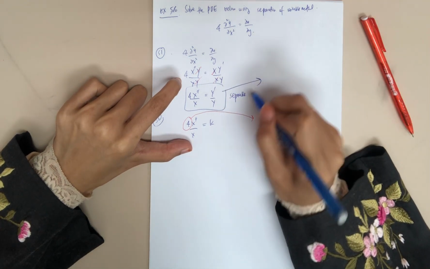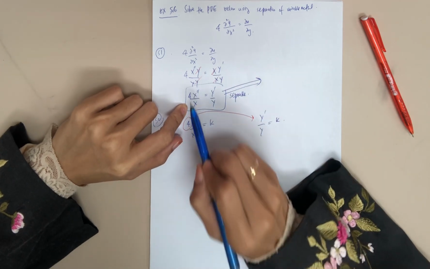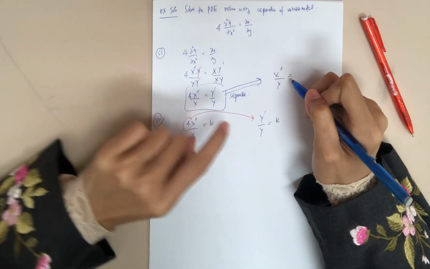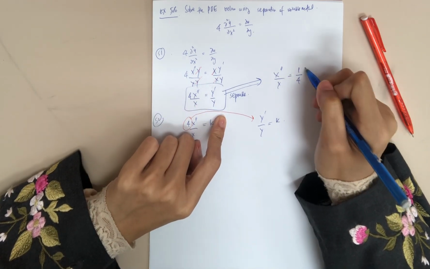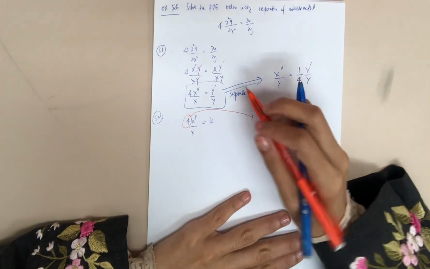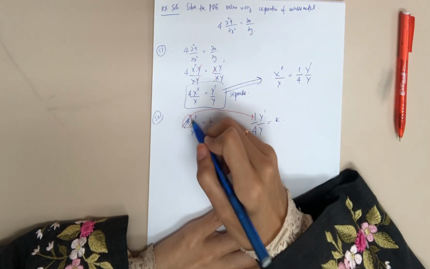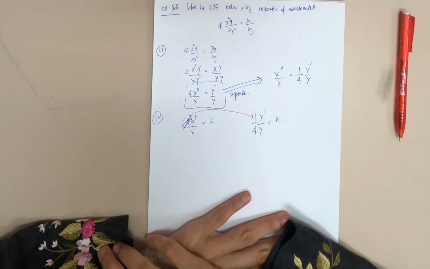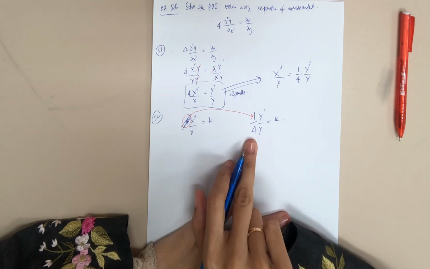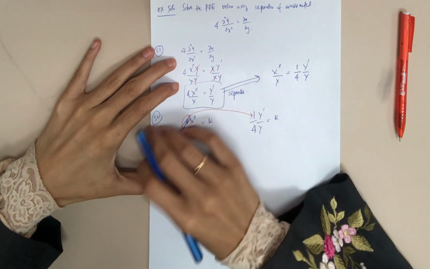So from here, we have 4 X double prime over X. So we want to move 4 to this side. So X double prime over X, move 4 to this side. So there will be 1 over 4, Y prime over Y. Okay, please, I really suggest you move 1 over 4 to this side. So they have no 4 in front of X now. Okay, so you just have X double prime over X equal to k, and 1 over 4 Y prime over Y equal to k. Alright class.